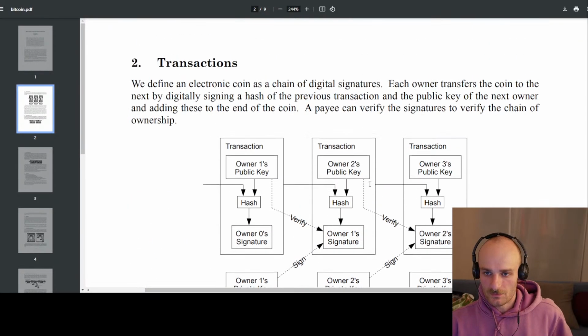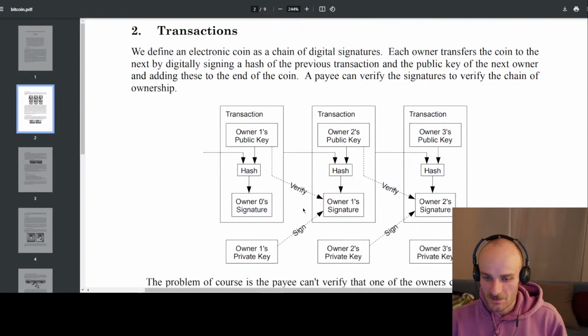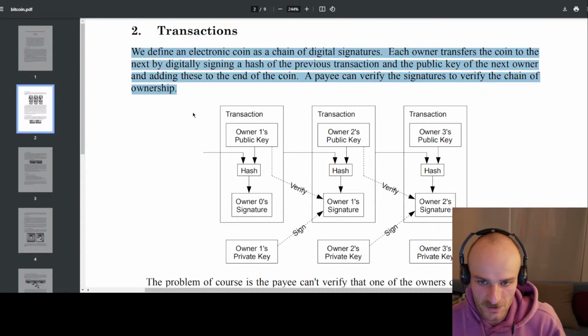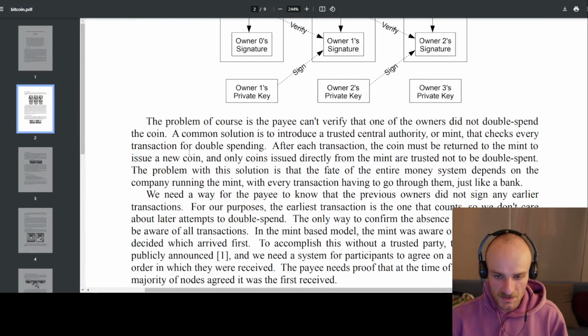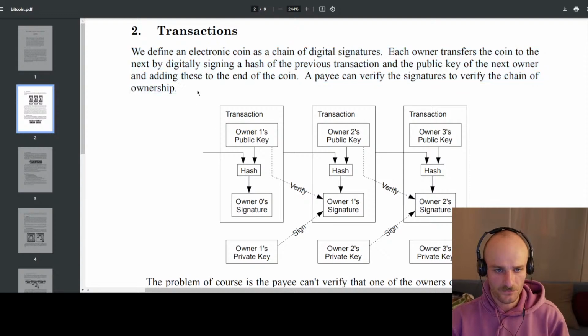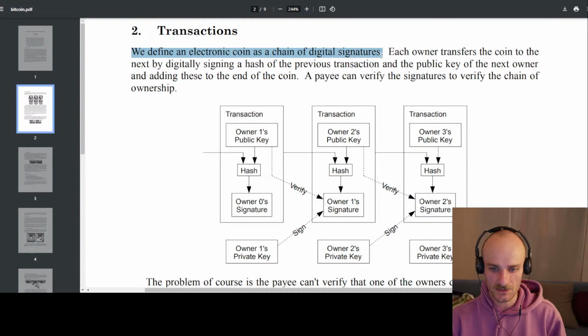So this mechanism, which I explained with so many words, is explained in only these three paragraphs. Of course, it's not as detailed as I've been, maybe, but it's already touching the fact that we define an electronic coin as a chain of digital signatures.